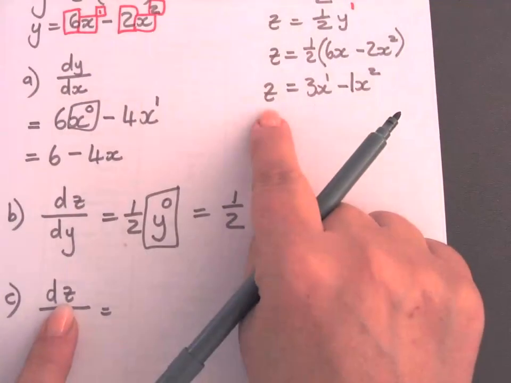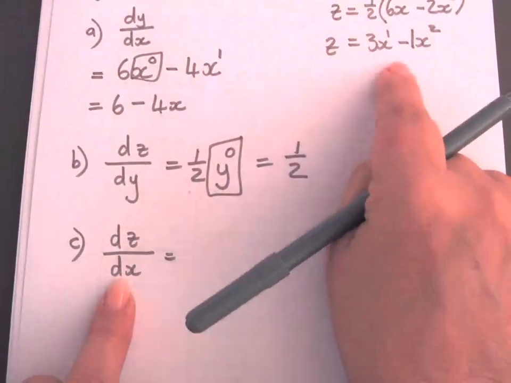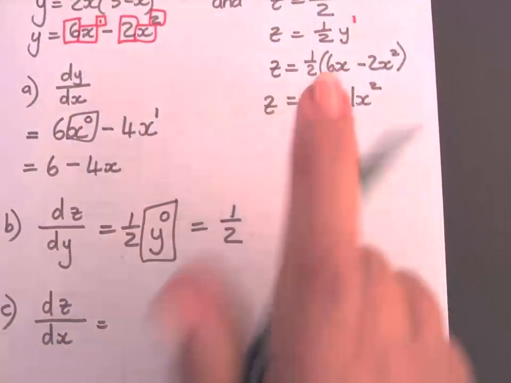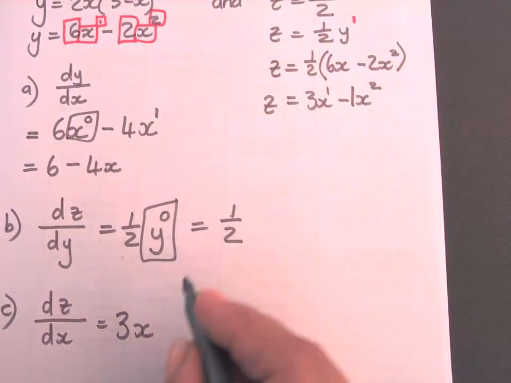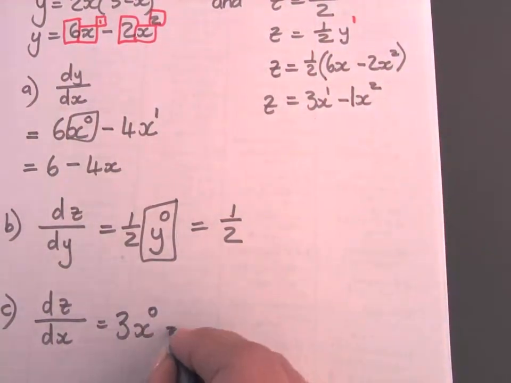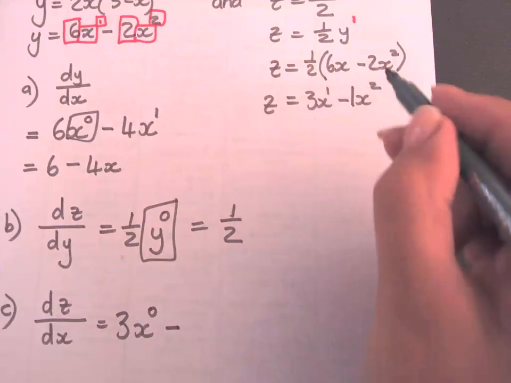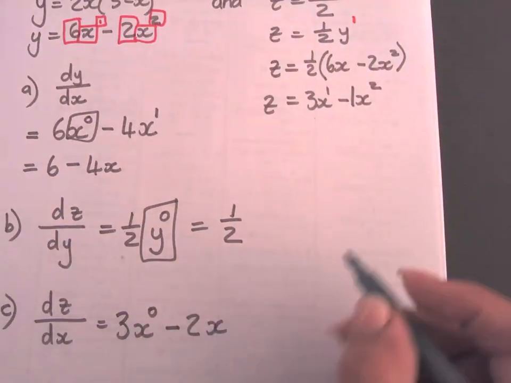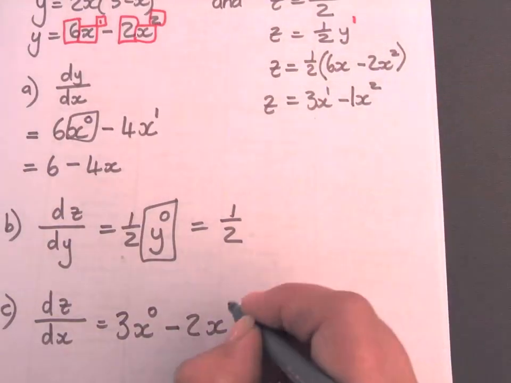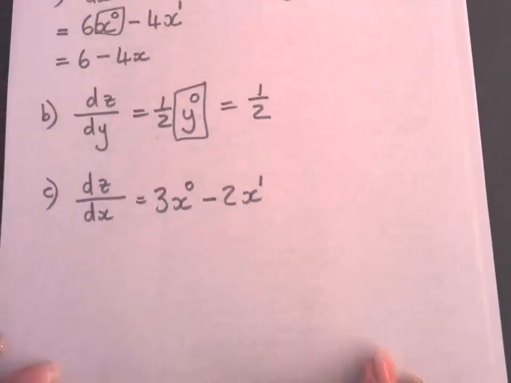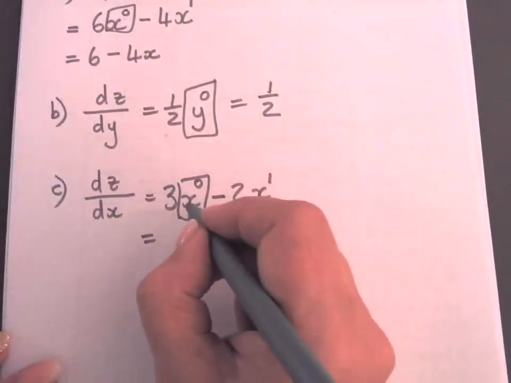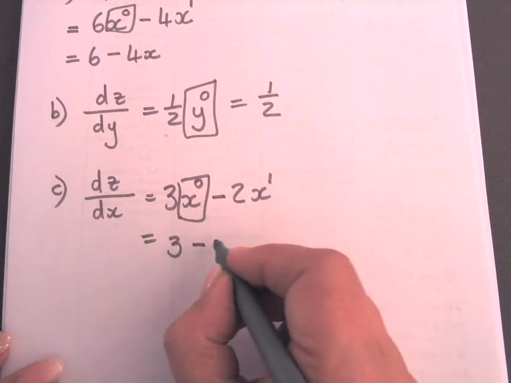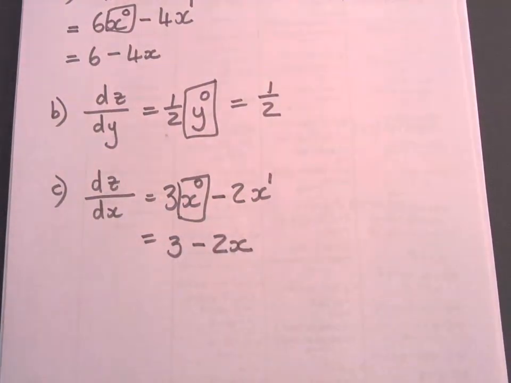Take z, differentiate x. Okay, 1 times 3 is 3x to the power of 1 minus 1, 0. Minus 2 times 1 is 2x to the power of 2 minus 1 is 1. This is 1 times 3 is 3 minus 2x. Well done. You are very clever.